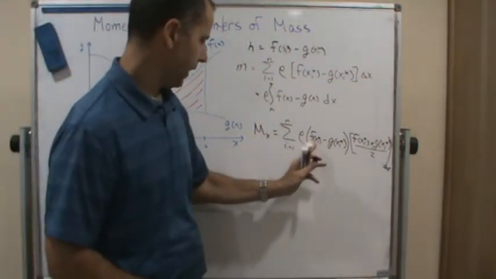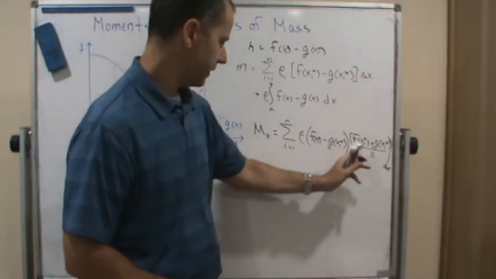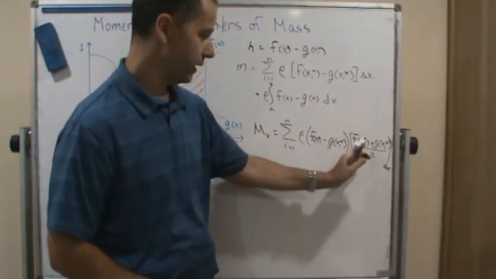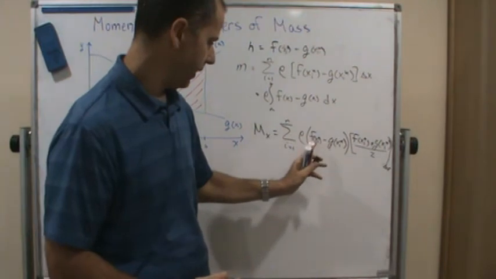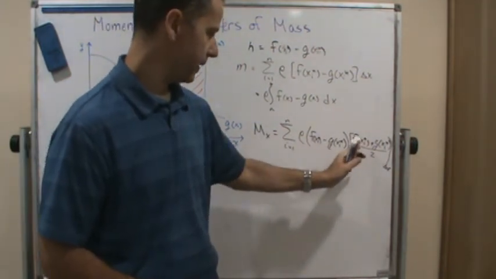Now notice that we've got this times this, which gives us a difference of two squares: a minus b times a plus b.